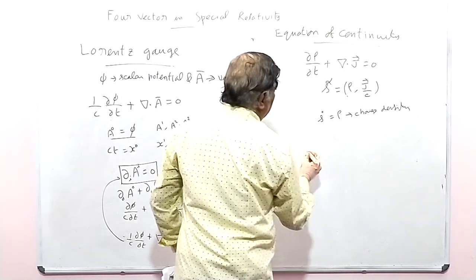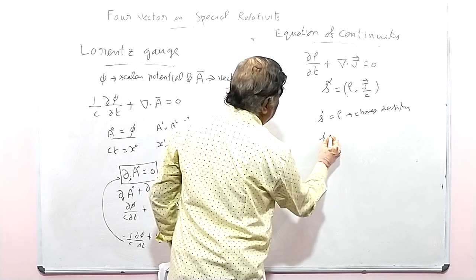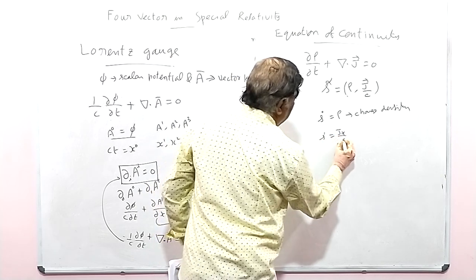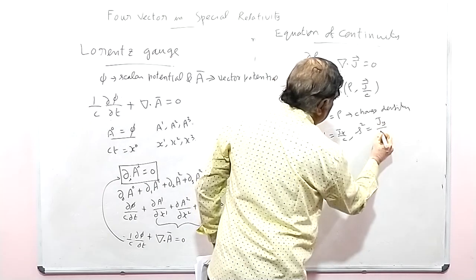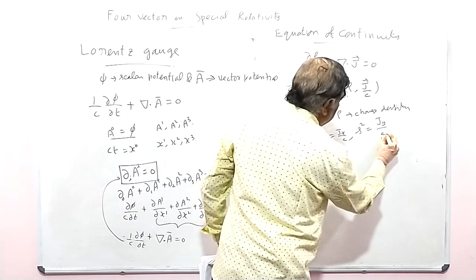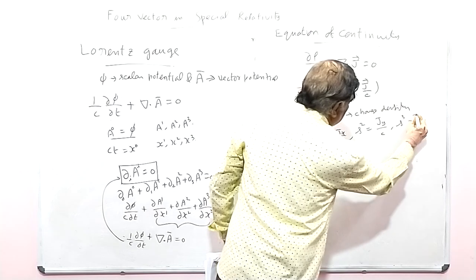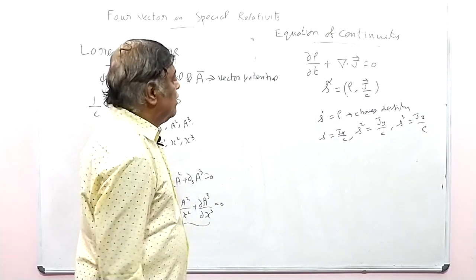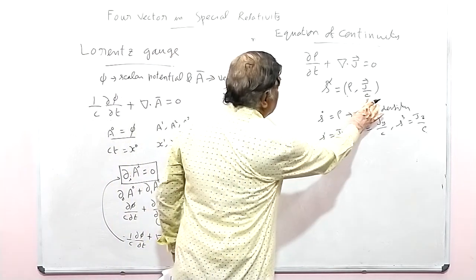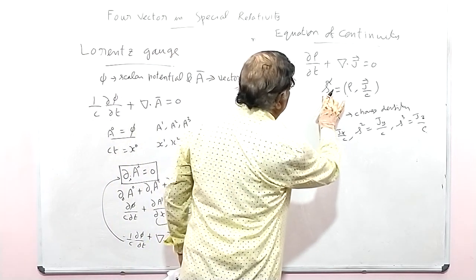S1 is equal to Jx by C, S2 is equal to the y component of the current density, Jy by C, and S3 is equal to Jz by C. Therefore, this is expressed by S alpha.